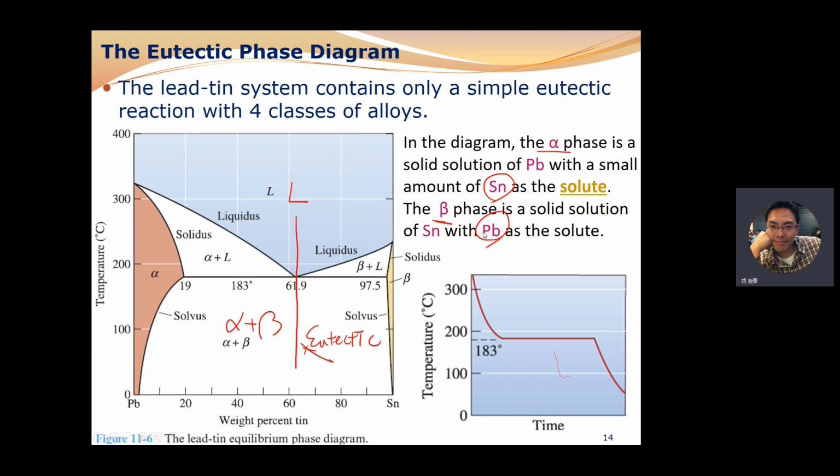Okay, so let's look at this figure right here. I already mentioned that the phase diagram is made from experiments, right? From the melting experiment of pure metals and alloys. So do you think this figure shows the eutectic reaction?